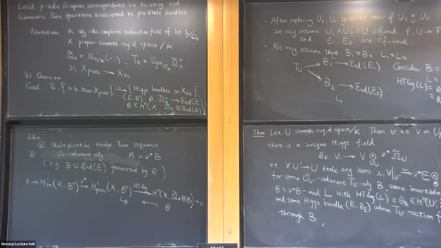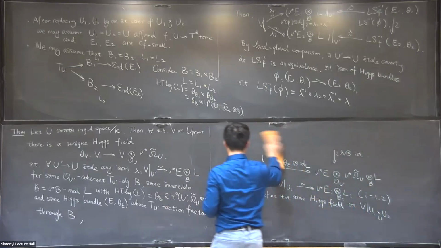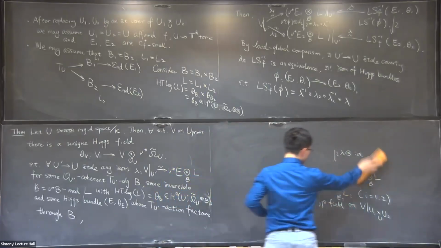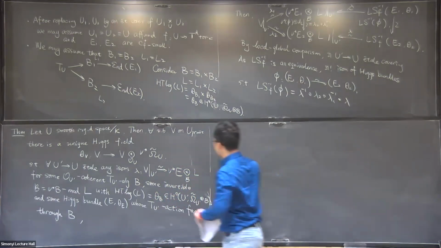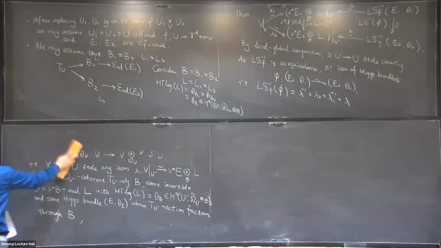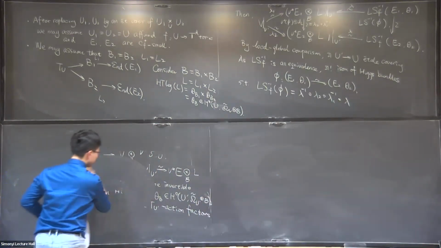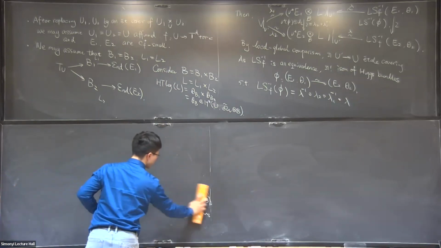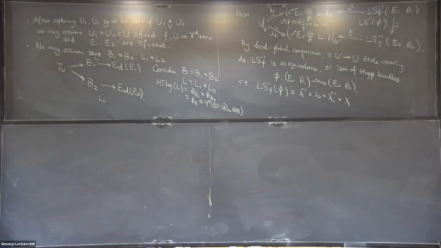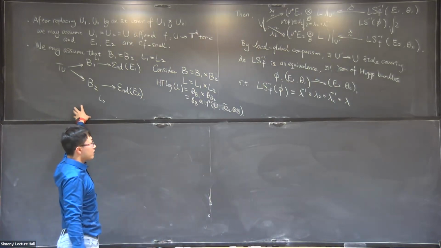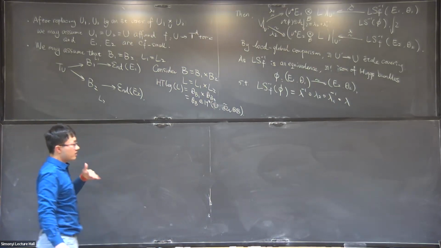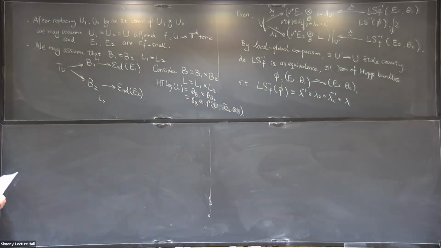Okay, so we move to our last corollary, which will imply the essential surjectivity of the global Simpson functor. Namely, we would like to use this geometric Sen operator to recover the Higgs bundle from a vector bundle.